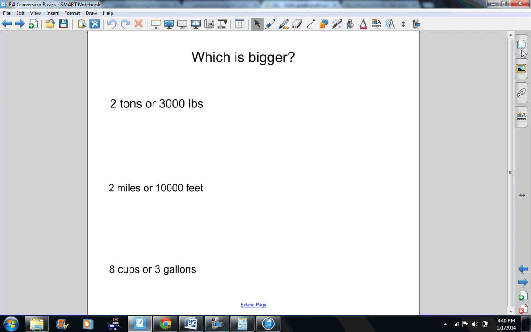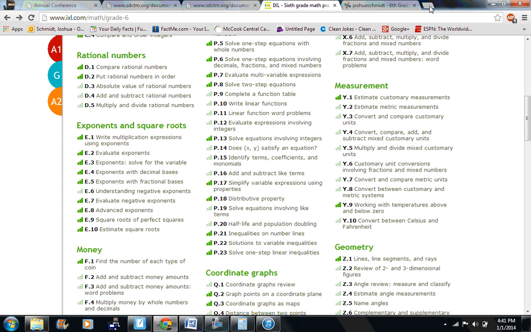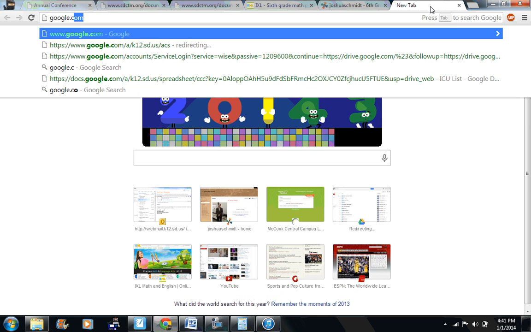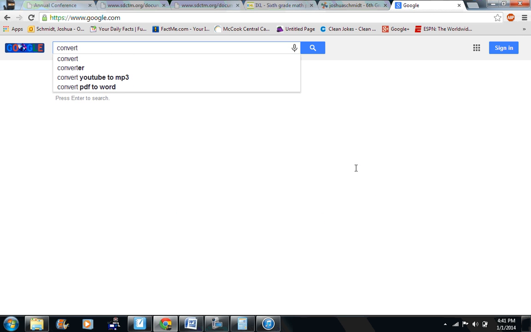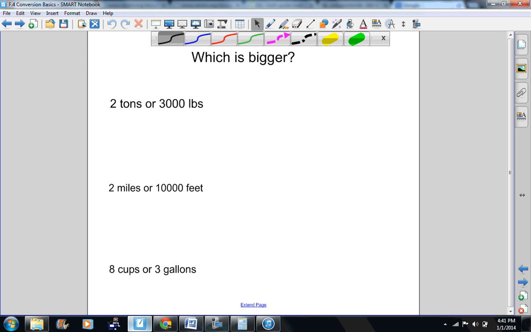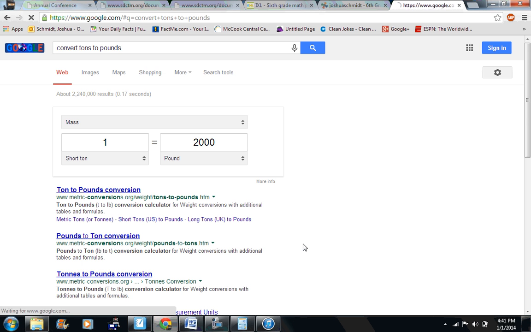The important thing to figure out is, in order to compare 2 tons to 3,000 pounds, we have to be able to compare them to each other. And actually, the best way to do that is to get out your computer and go to google.com, which I'm already there. You type in the word convert, and then for this problem we're working on, tons to pounds. So I convert tons to pounds, and I figure out that 1 ton is equal to 2,000 pounds.